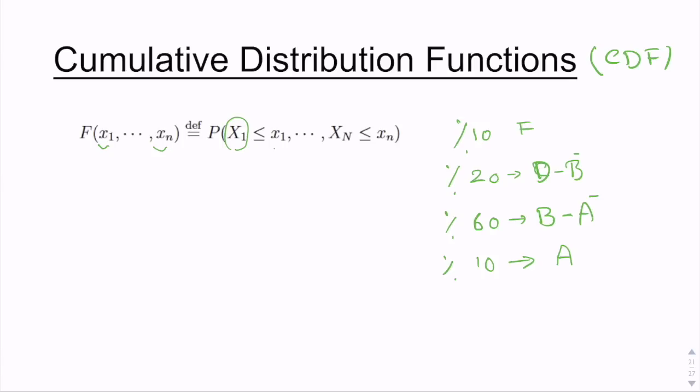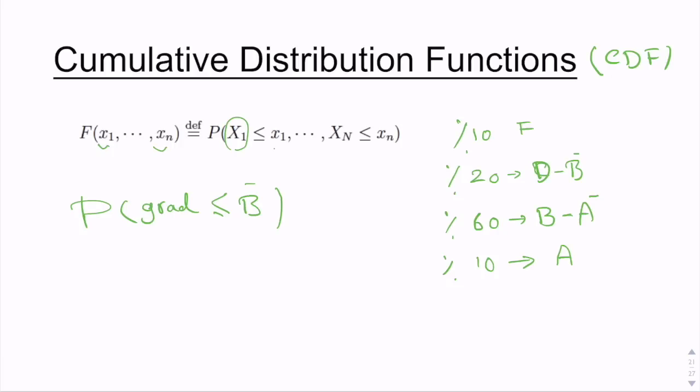So if I ask you what is the probability that the grade for the students in class is smaller than or equal to B minus, right? So it's very simple.